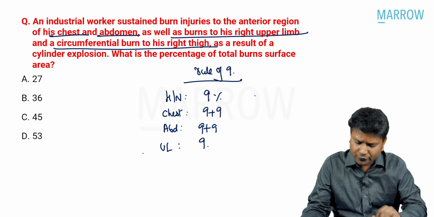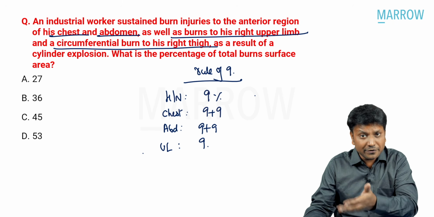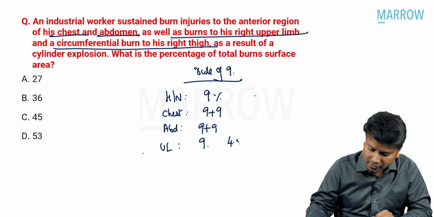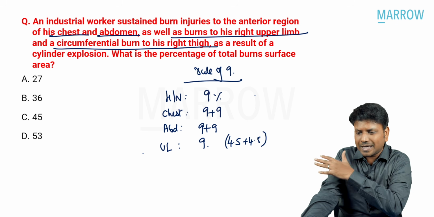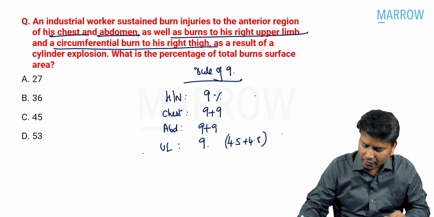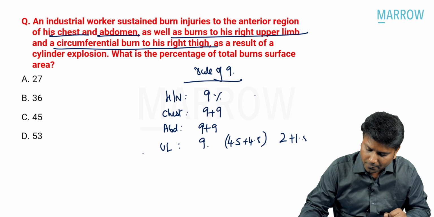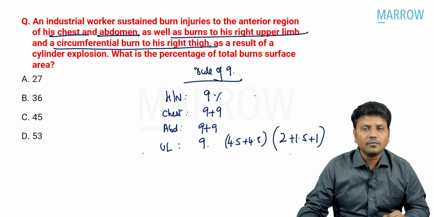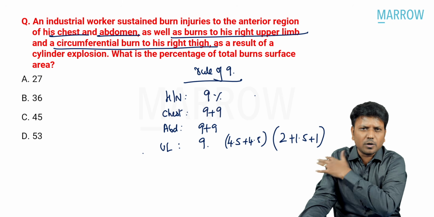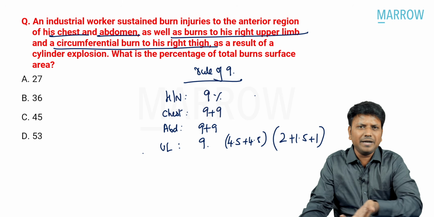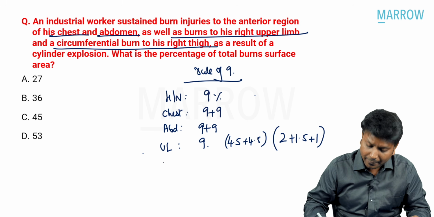Front alone is 4.5. The subdivisions are arm 2, forearm 1.5 and palm 1, so 4.5 for the front and 9 for front and back.